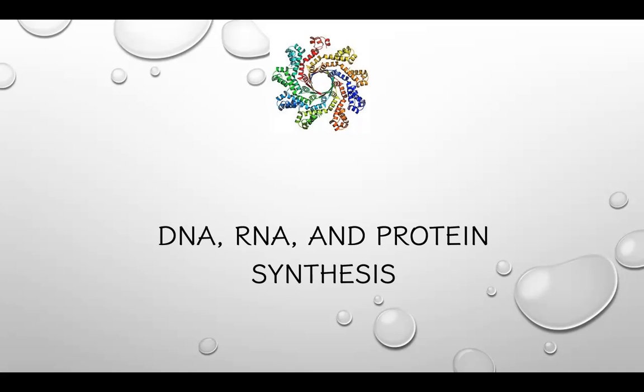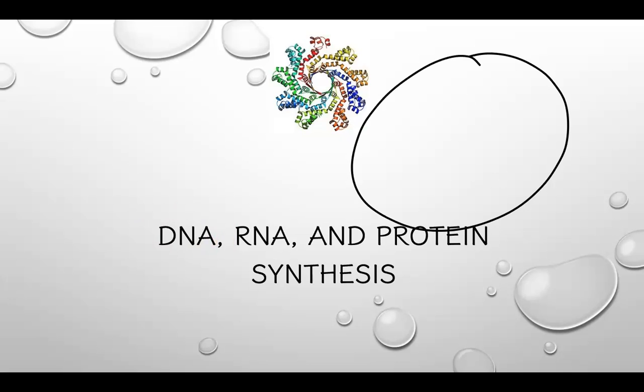So that's why it's called DNA, RNA, and protein synthesis. Basically, the way that it works in general, the instructions to make protein are on DNA, but DNA is in the nucleus, right? So if I have a cell here, here's the nucleus.